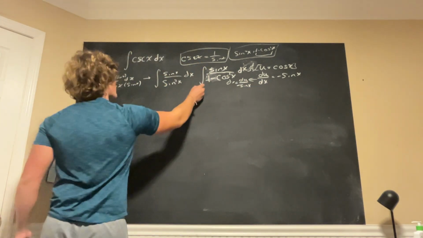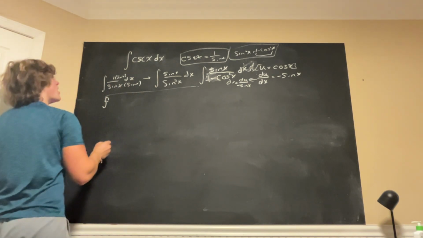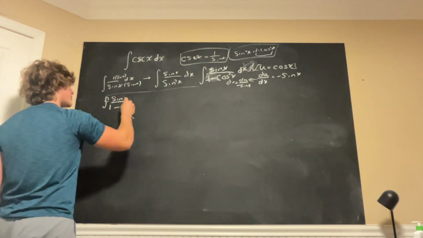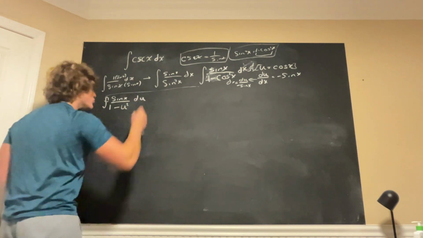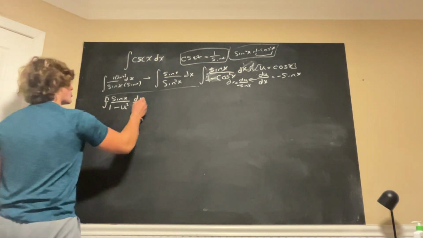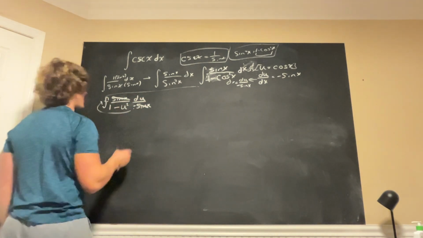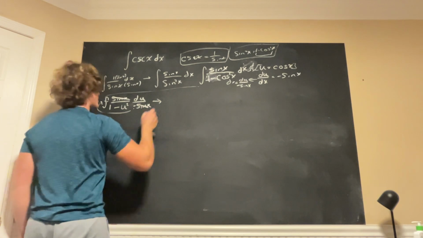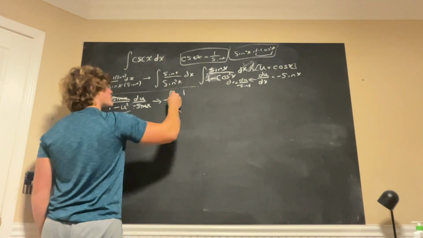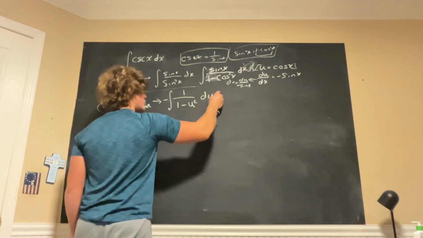So we are going to bring this integral down here with our u sub. This becomes the integral of sine x divided by 1 minus u squared with respect to u instead of dx. And for dx, we plug in du over negative sine of x. So these signs cancel and the negative goes to the outside. So this becomes the integral of negative 1 over 1 minus u squared with respect to u.